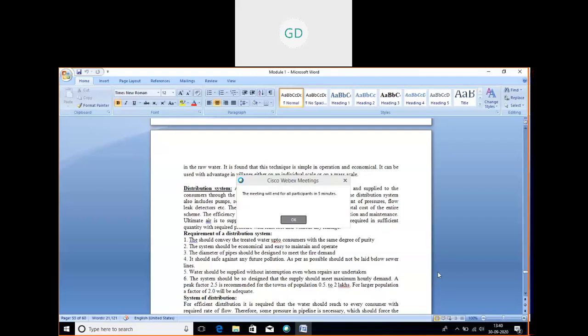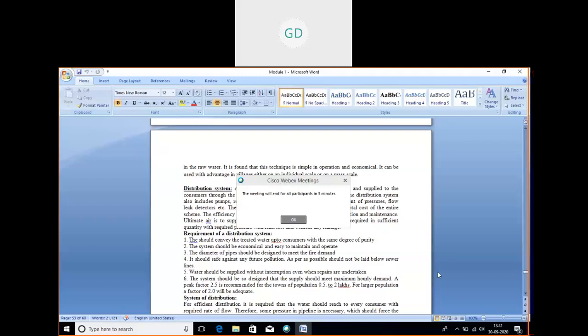Then it should be cheap, with less construction cost. It should be simple and easy to operate and repair. And it should be safe against any future pollution of water. All these are the requirements of a good distribution system.